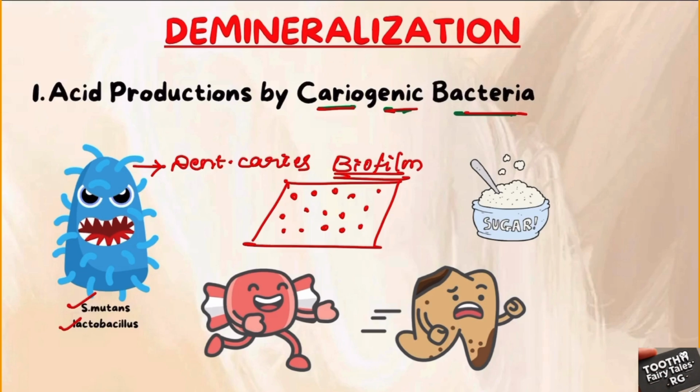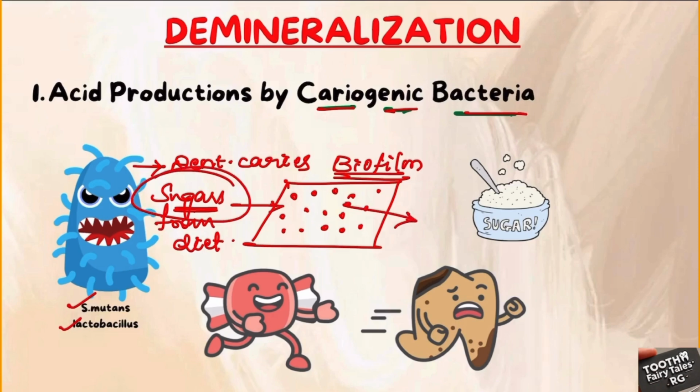Now, what happens is when the bacteria present in the biofilm receive the sugars from the diet, they metabolize the sugars and produce some byproducts. These byproducts are acids.